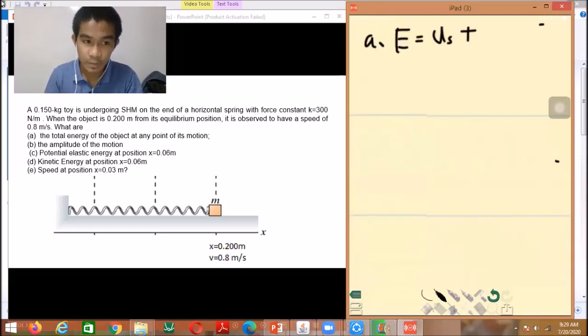So let us solve first for letter A, the total energy of the object at any point of its motion.